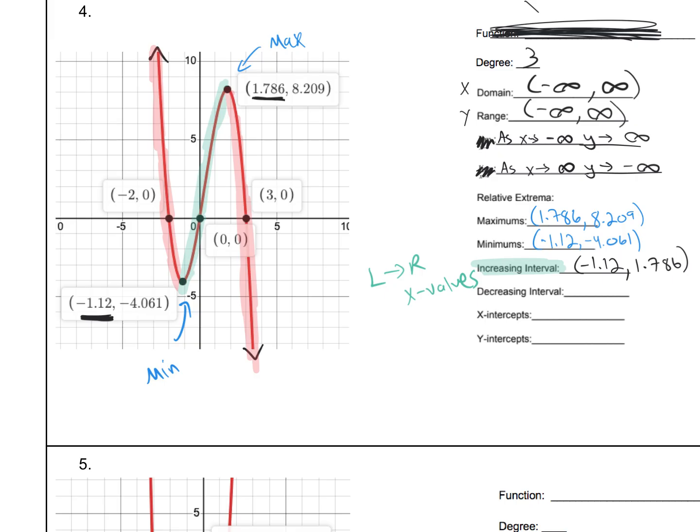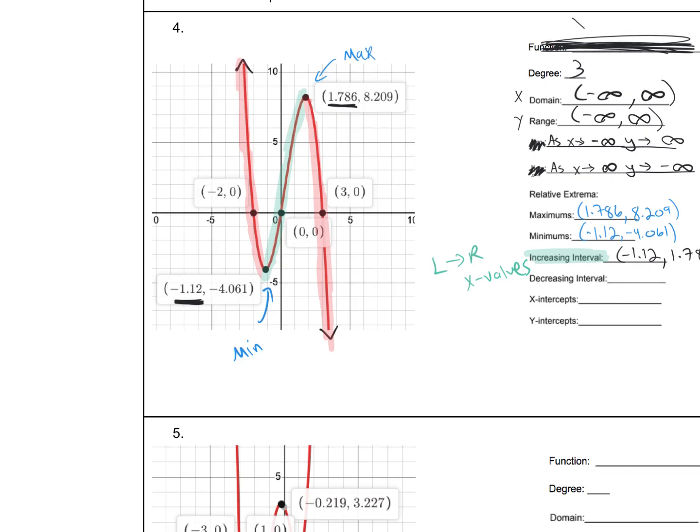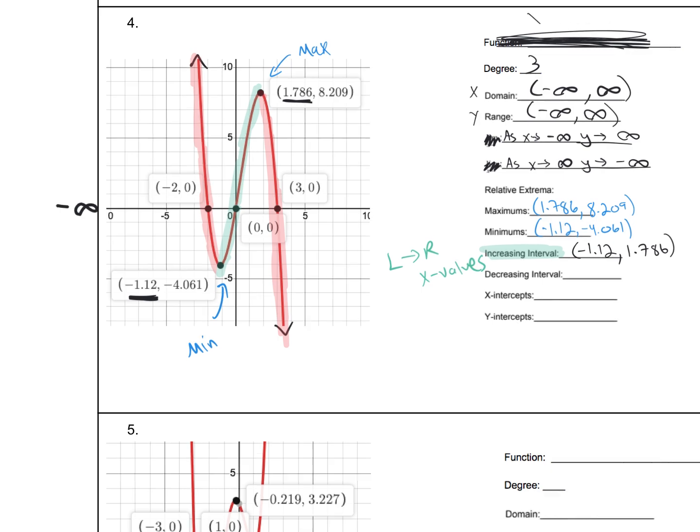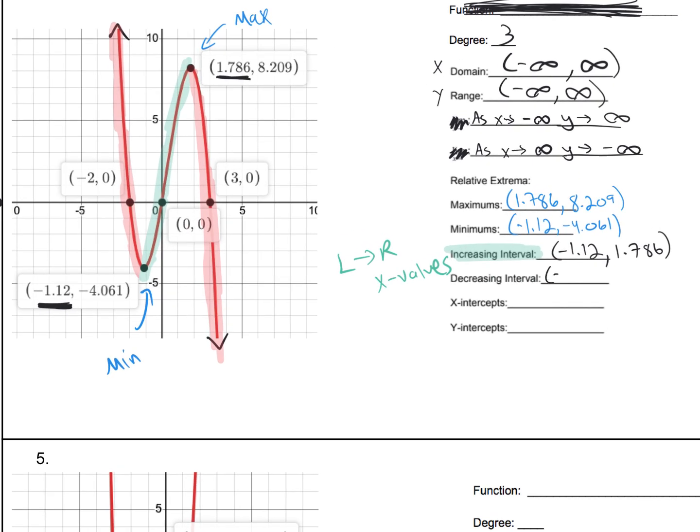The decreasing intervals now, we have a couple of them. If we start with the one on the left, that one starts decreasing way off to the left. We know way off to the left is the x value of negative infinity. So our first decreasing interval will go from negative infinity all the way until the x value at the first turn, which was that negative 1.12. That's the left section highlighted in red.